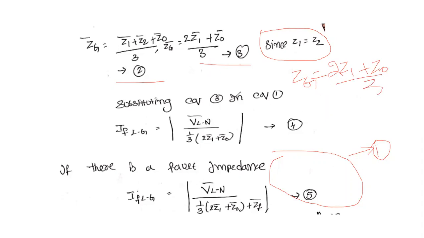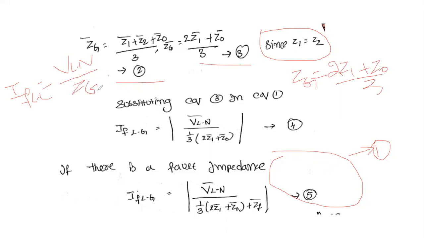Substitute this ZG value in equation number 1. What is equation number 1? That is IF, the fault current, equal to VLN, the voltage across the line to neutral, by ZG.